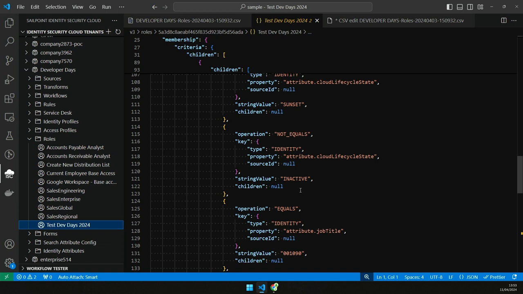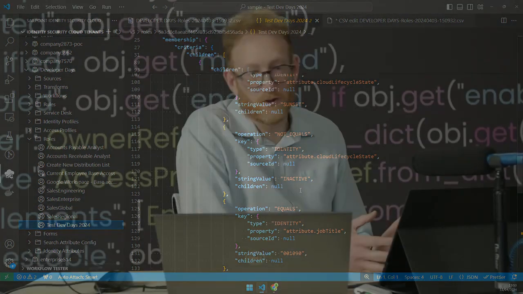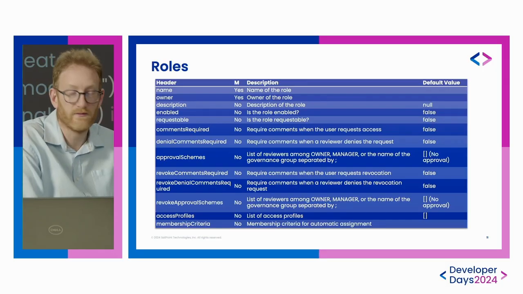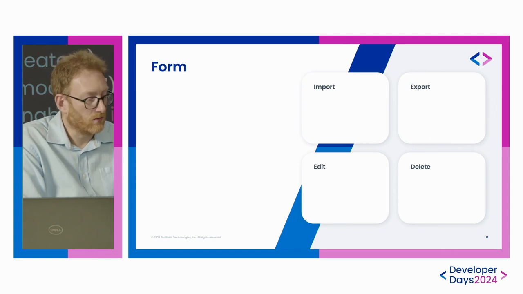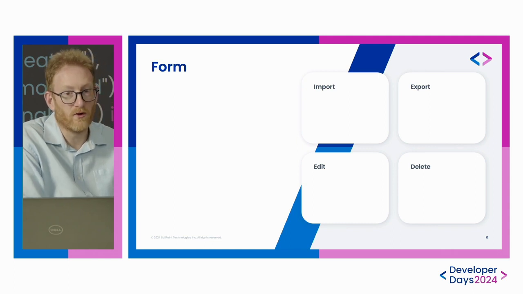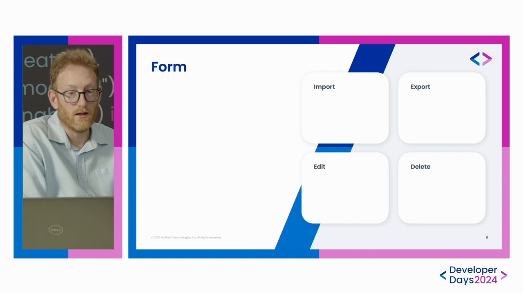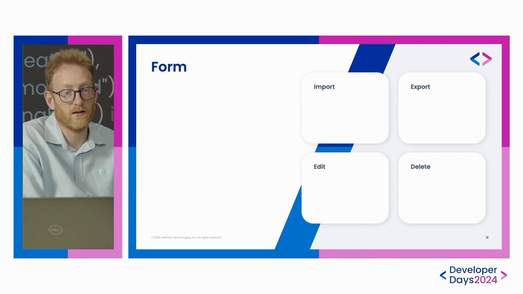So here again, I've put the details about the columns of the CSV file, so with the mandatory columns and the default values and the description. Also, one addition is about the form management. So you can edit, you can delete forms, you can import and export. So it's interesting.